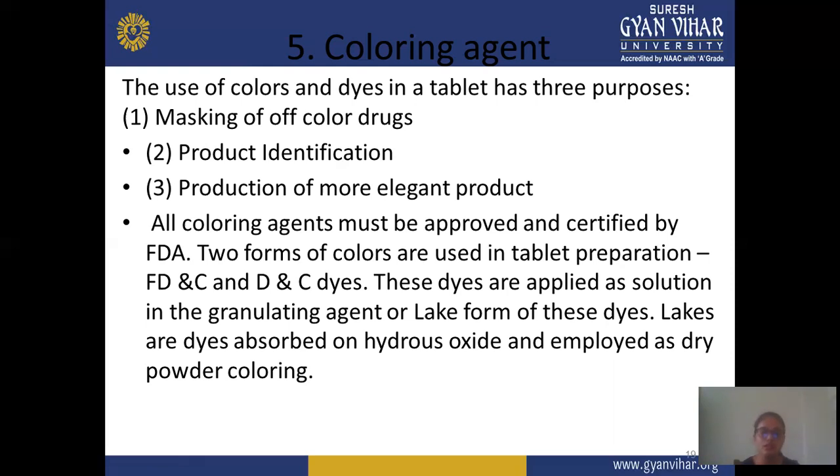First prepare the solution, then you use this coloring agent, and lake dyes are absorbed on hydrous oxide and obtained as a dry powder coloring. After employing this coloring agent, your tablet forms a dry powder coloring, or it can show appearance on your tablet due to the absorption of dye on your tablet.